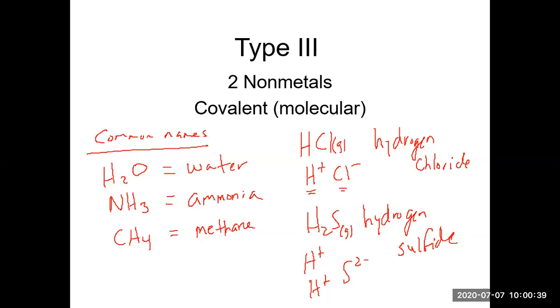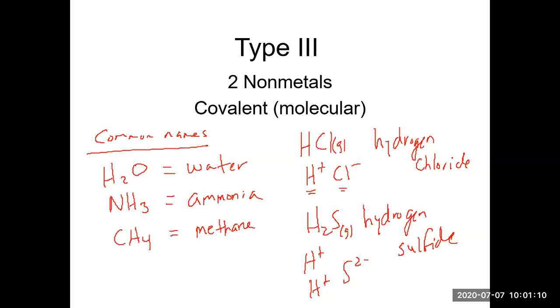But again, if you do see something with hydrogen that's not an acid, basically it's hydrogen and whatever the negative one is, that's how you name it, even if there's more than one hydrogen, as you can see there on the bottom with hydrogen sulfide. And again, it just has to do with some uniqueness of hydrogen, as we saw as well. Hydrogen can go negative when it's after a metal. So that's a little something to keep in mind.